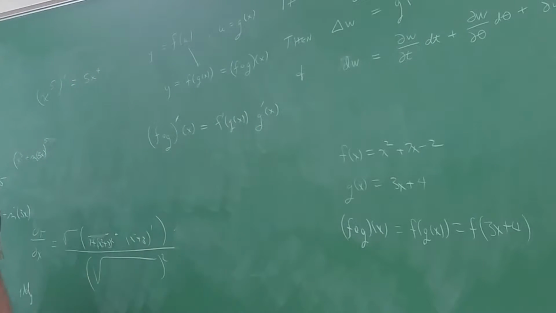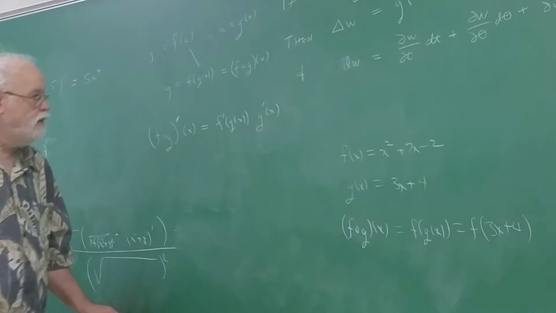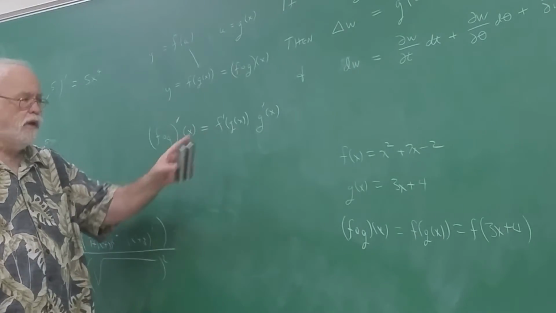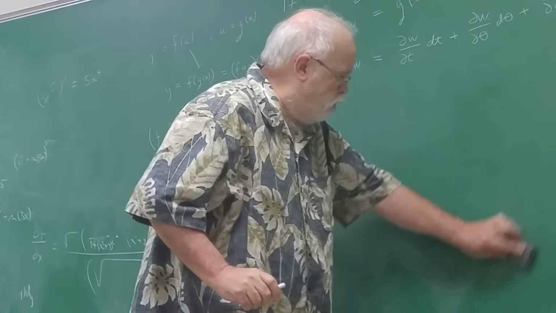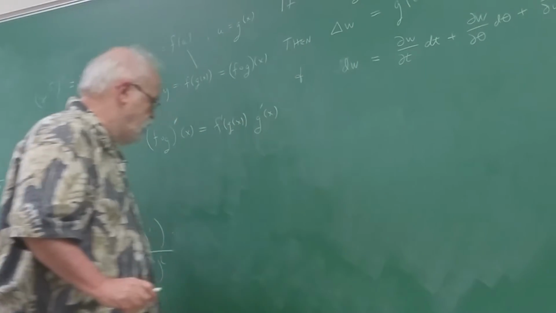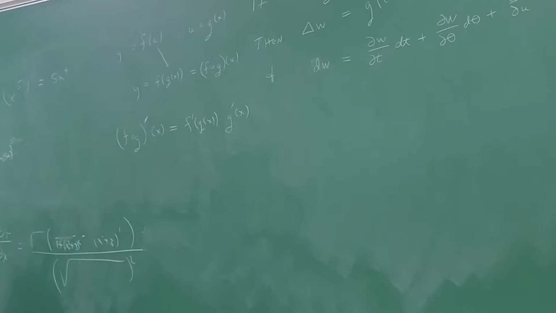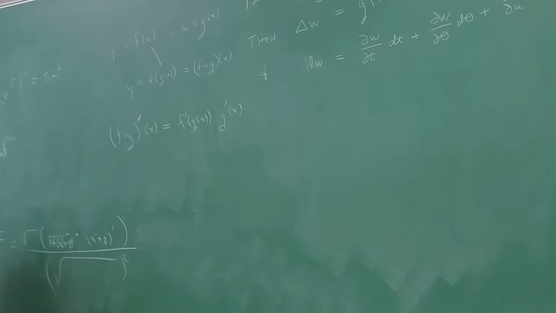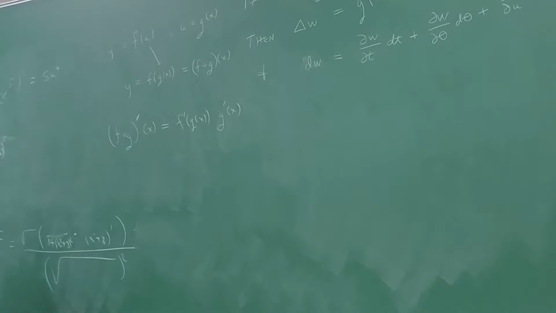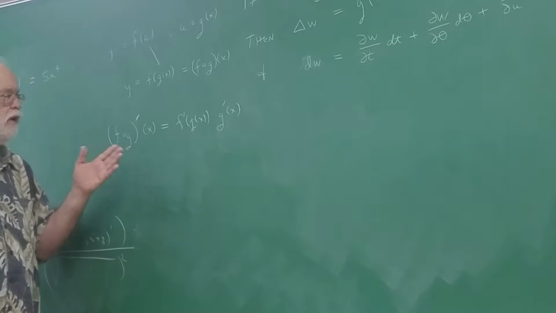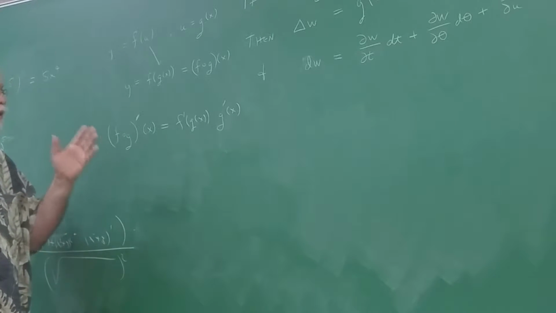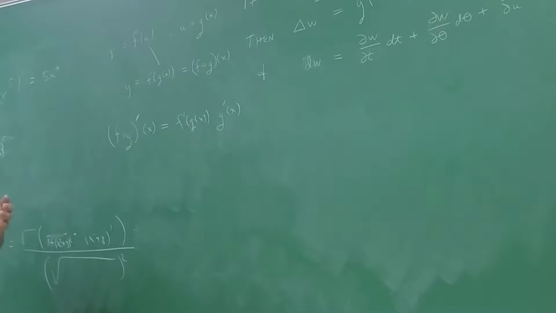A lot of times I can ask this question and nobody will admit to knowing it. That's right. The proof of this is kind of tricky, but luckily I don't prove much in calculus courses. But I can give you a plausibility argument for this. I can show you why this works.